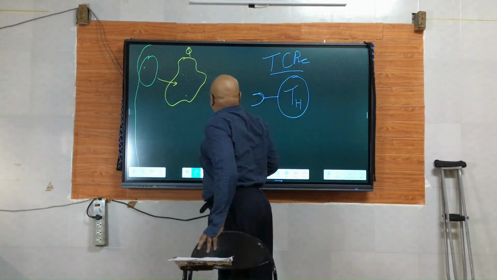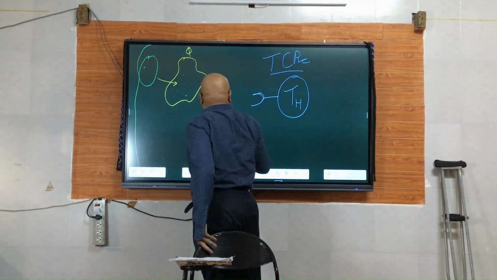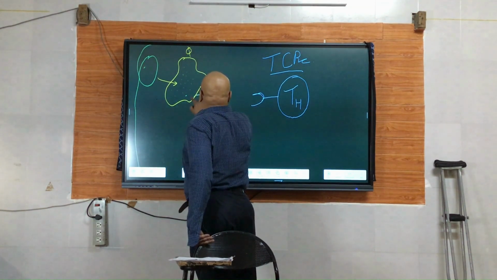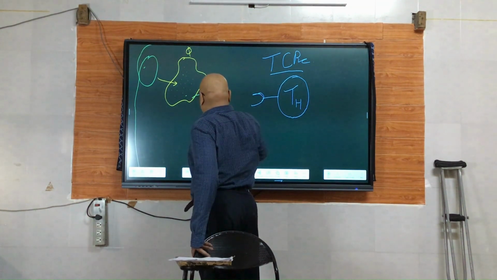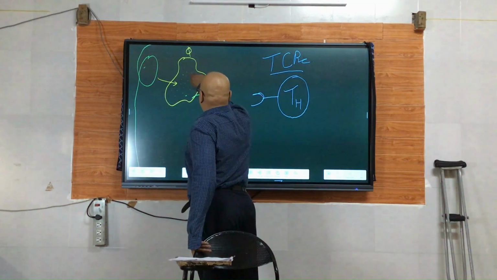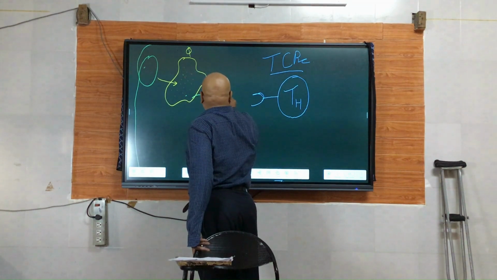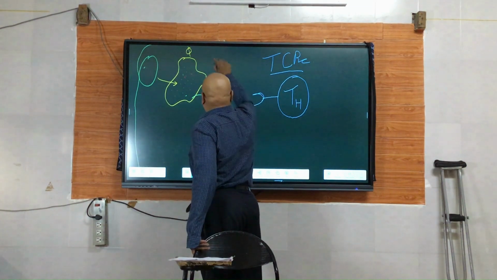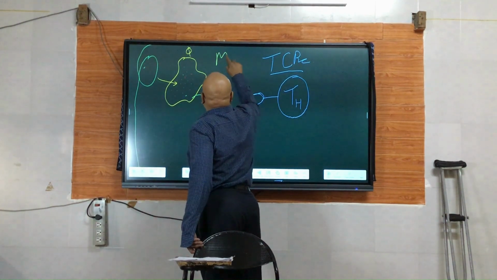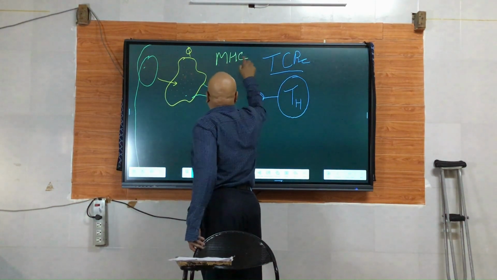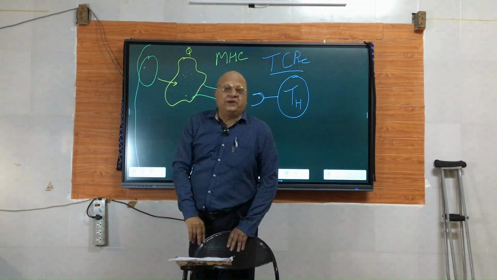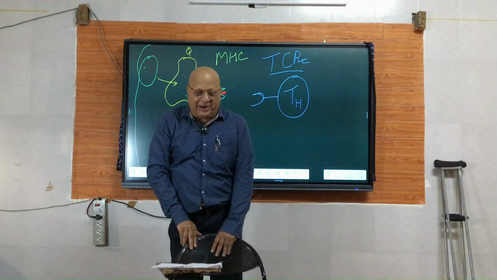Now these antigenic fragments will be presented on the surface of the cell. I am showing in red certain molecules which are called MHC molecules. MHC means major histocompatibility complex.